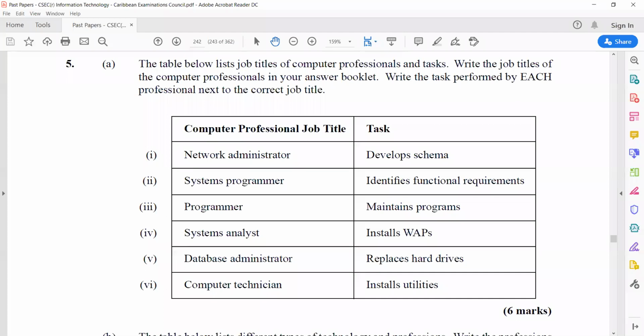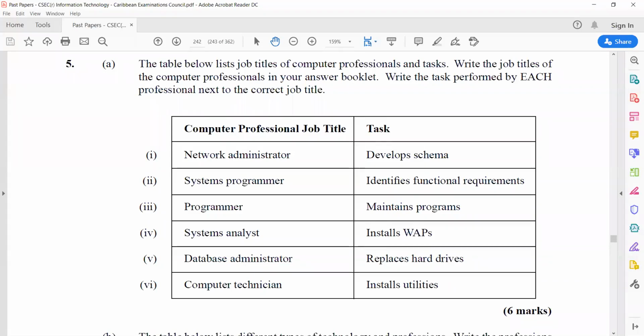So now we're left with programmer, systems programmer, maintains programs, and installs utilities. Does anyone want to attempt the right combination for these two roles? Yes, the programmer will maintain programs, and the systems programmer will install utilities.